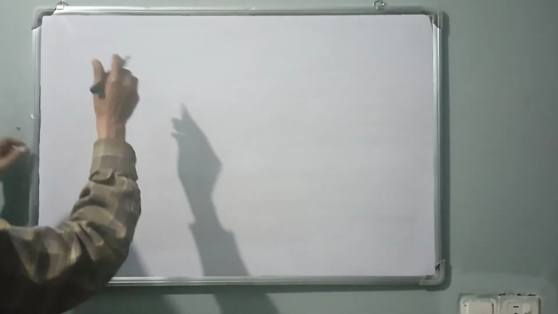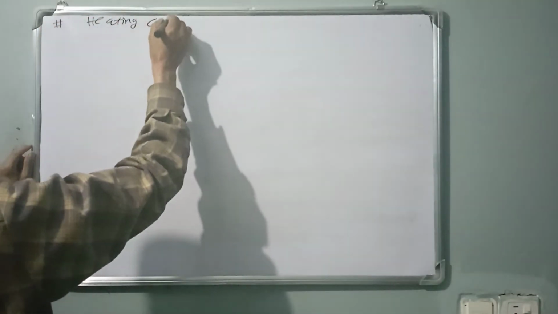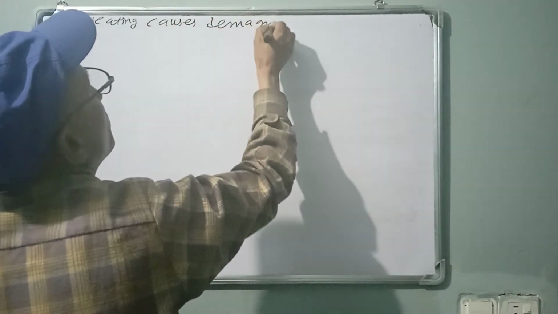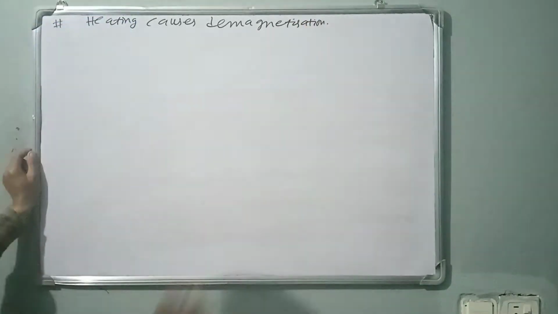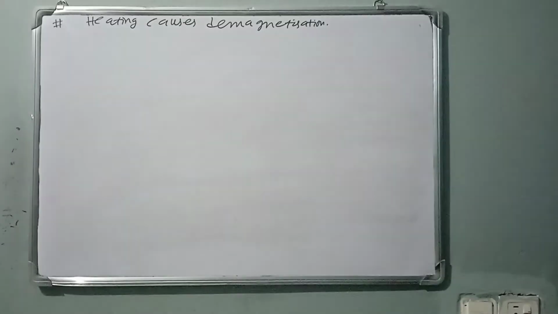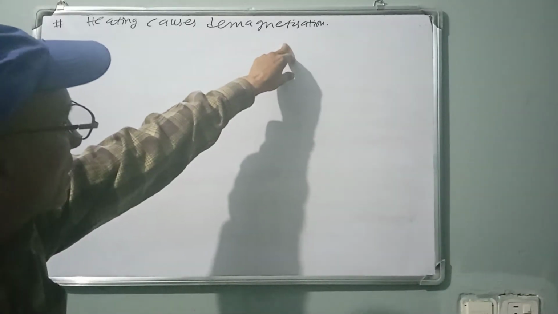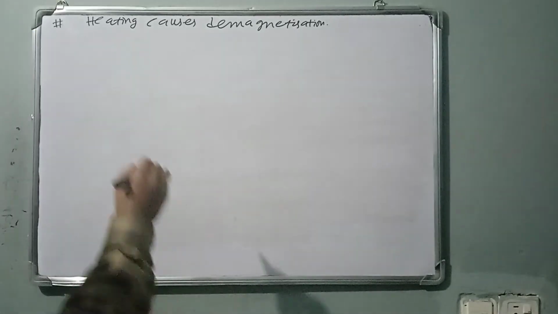In the same way, another question: heating causes demagnetization. Why? How? When any magnet is heated, the molecular magnets' regular patterns become irregular.